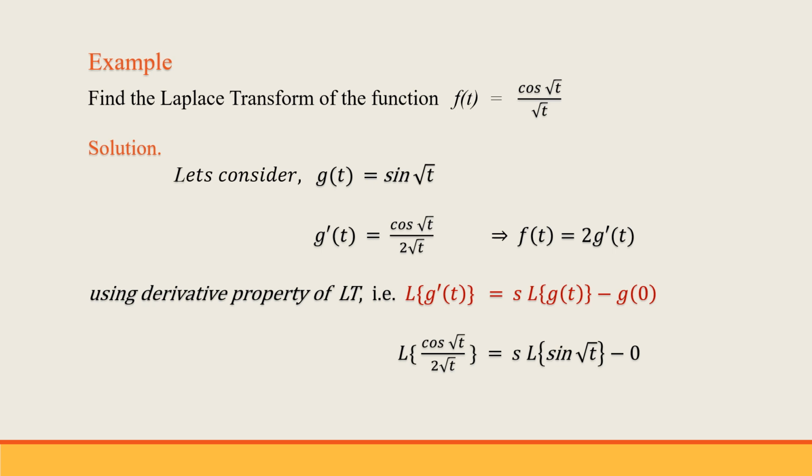By taking 2 to the other side, we can also write it as the Laplace transform of cos root t by root t equal to 2 times s into the Laplace transform of sine root t. So we need to find the Laplace transform of sine root t so that we can get the Laplace transform of our function ft, cos root t by root t.